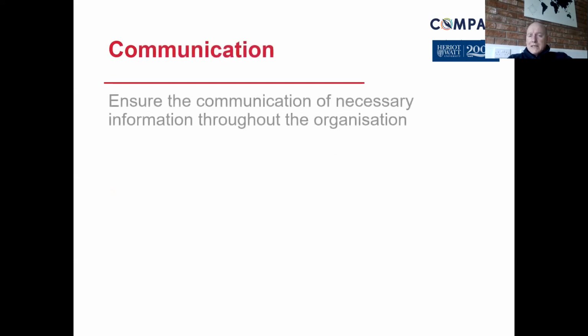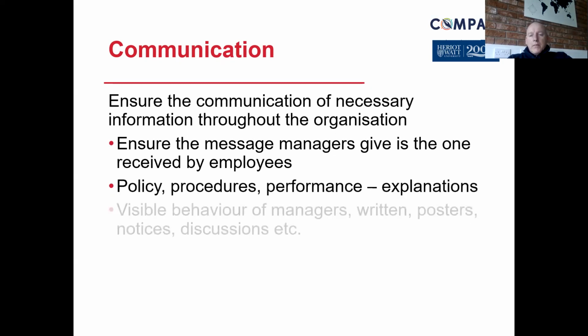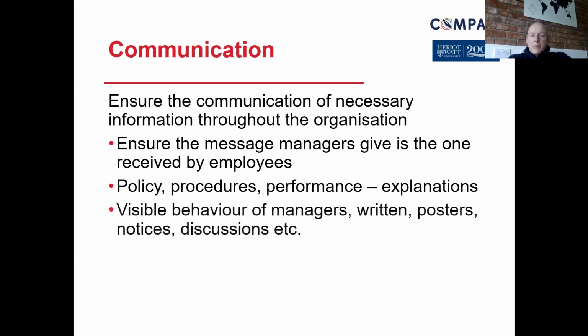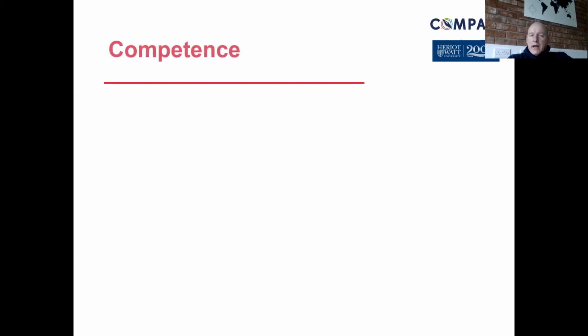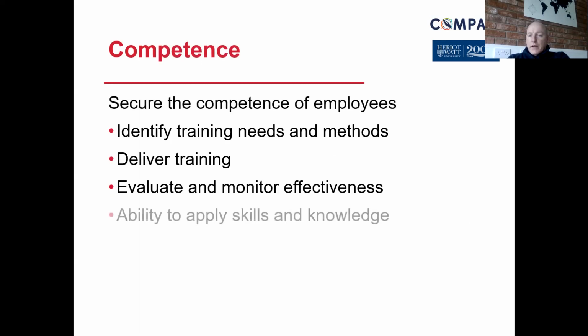Encouraging ownership and then making sure they're fully aware of the objectives, not just of the company, but of the small or micromanagement aspects of it. Communicate effectively, get the message across well, make sure they know the policy, procedures and performance, look at behaviours and how managers can actually cause problems, should we say, if they don't follow that route.